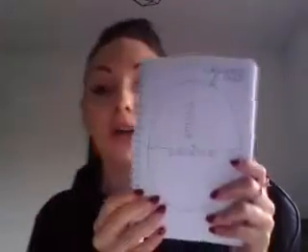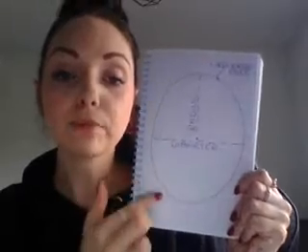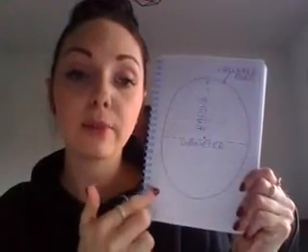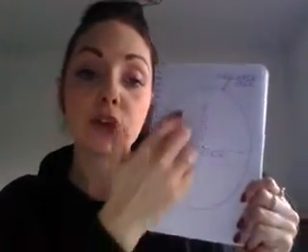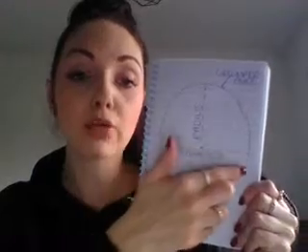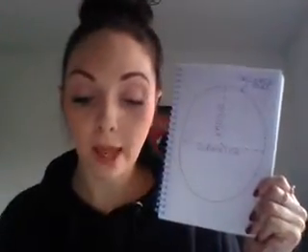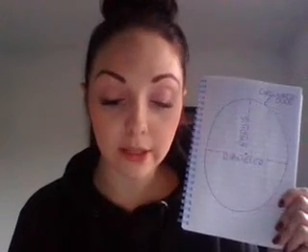I've drawn on here a little reminder for you. If you remember from the work you did the other day, the circumference of a circle is all the way round, the diameter is all the way across, and the radius is halfway. So let's have a look at the question.